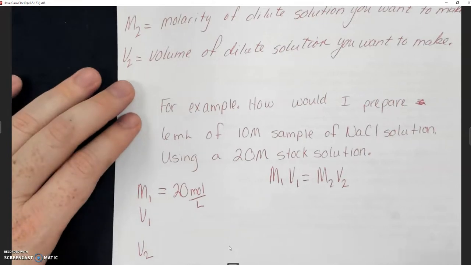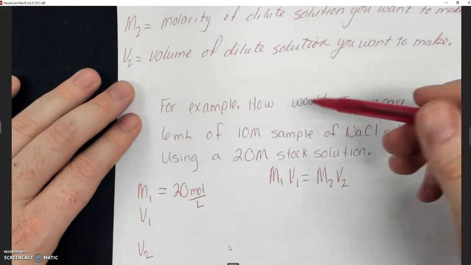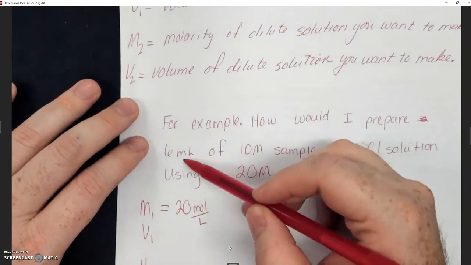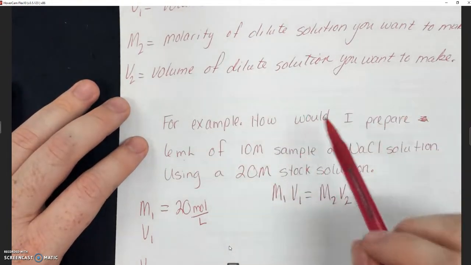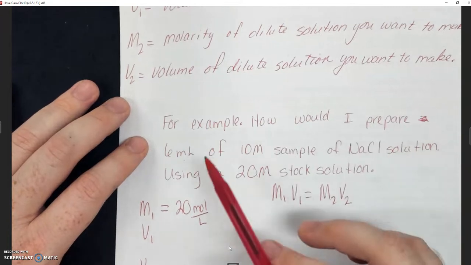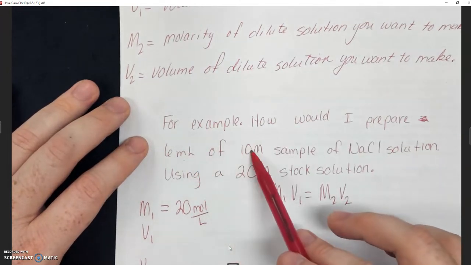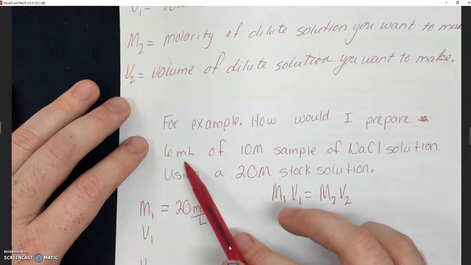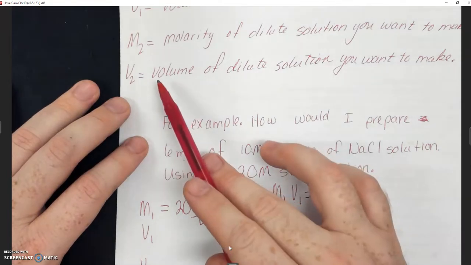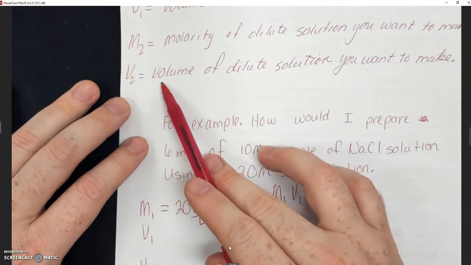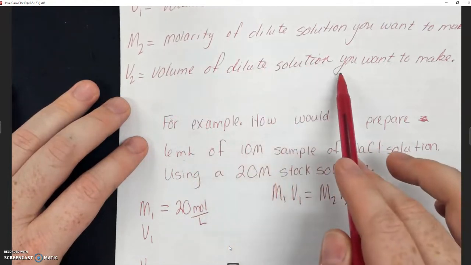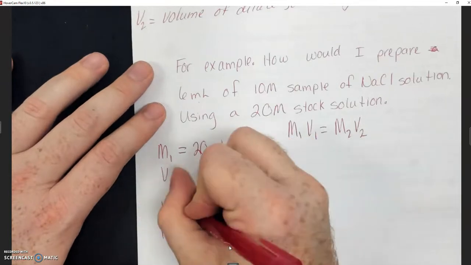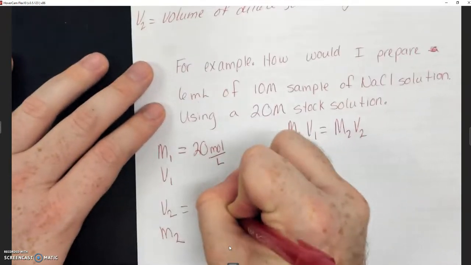The volume that we want to make is 6 milliliters. That's our V2. The question is asking, how do I prepare 6 milliliters of a 10 molar solution? So V2 is the volume of dilute solution you want to make, so V2 is equal to 6 milliliters.